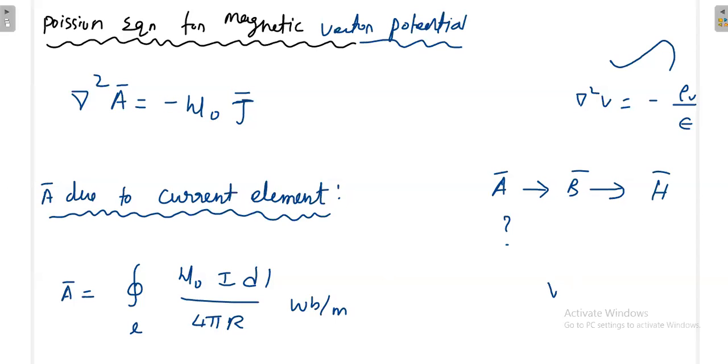So what is the voltage potential due to point charge? That is Q divided by 4 pi epsilon R. So what is Q? Q means here source. Here, what is source? I dL is the source. Instead of Q, you are having I dL, and that too I dL is a small source. What is the full source? Integral I dL is the full source.